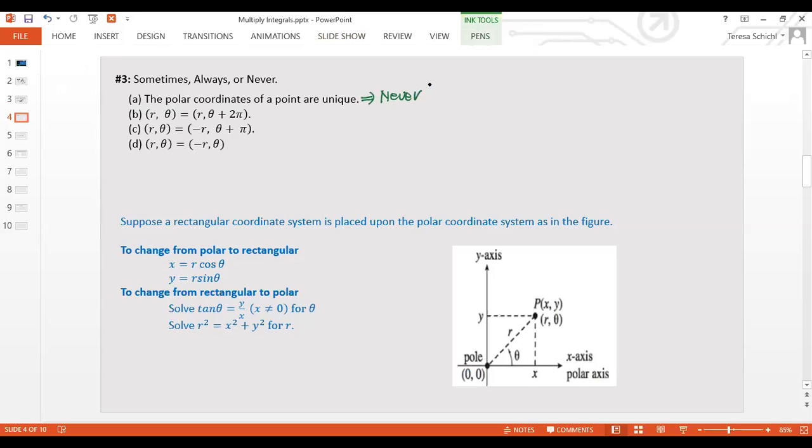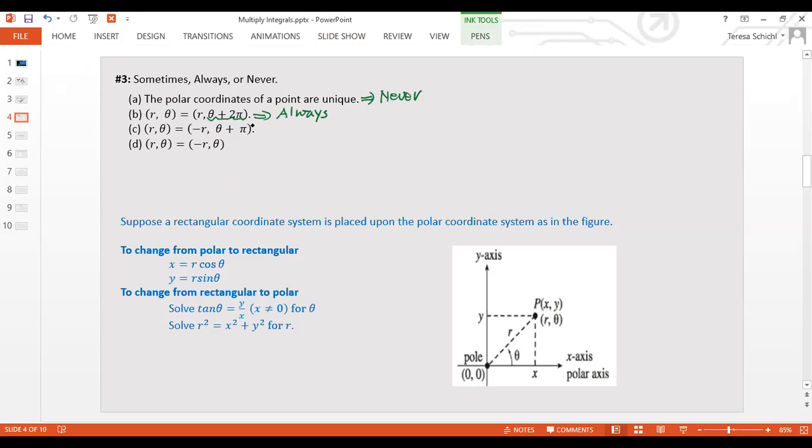Just like we saw before, every time you turn another 360 degrees, it will be the same point. Then B says (r, theta) and (r, theta plus 2 pi) will always be equal? Yes, because it doesn't matter where your theta is, if you turn the whole circle, it's another 2 pi.